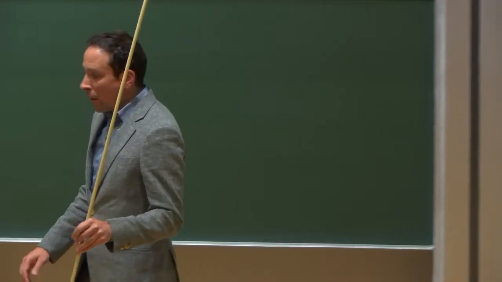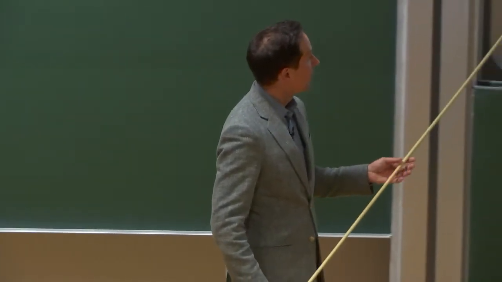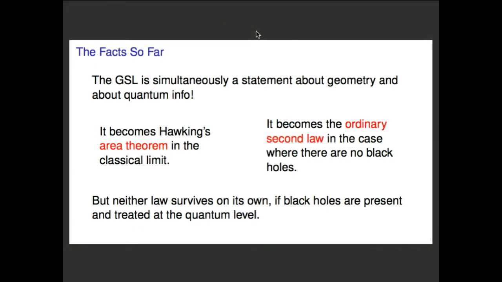So now I want to just quickly summarize the lesson here. What this insight that the second law still holds in Hawking evaporation means is that we can actually look at the generalized second law from 2 different angles. We can look at it through Bekenstein's angle as fixing up a problem with the second law of thermodynamics.